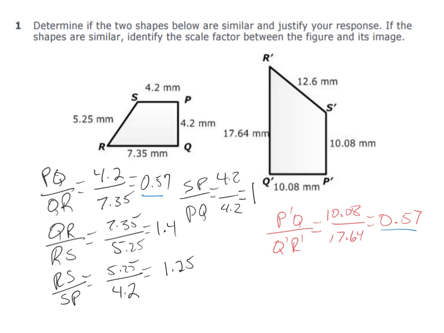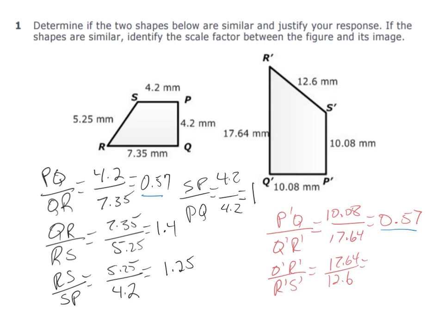All right, what do we have next? We had QR and RS. So I'm going to take Q prime, R prime, and R prime, S prime. Q prime, R prime, remember, is 17.64, and R prime, S prime is 12.6.